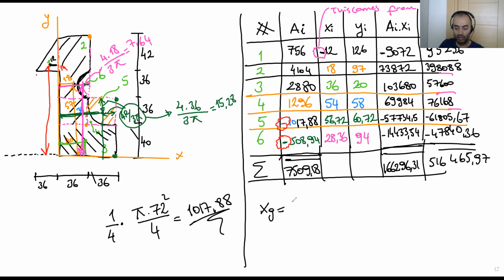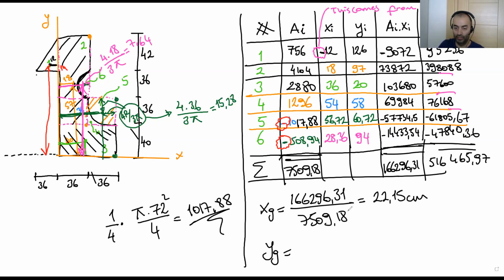The xg is, you know, this part, 1 over. Okay, this one. It's in centimeters, and yg is the total Ai yi, which is this one.